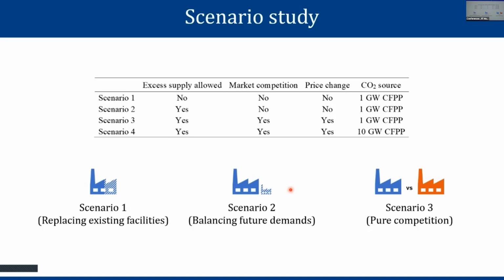And the final scenario, which is scenario 4, here we consider larger CO2 source compared to scenario 3. So in this scenario, all the other conditions are the same as scenario 3. We just have 10 times larger CO2 source.